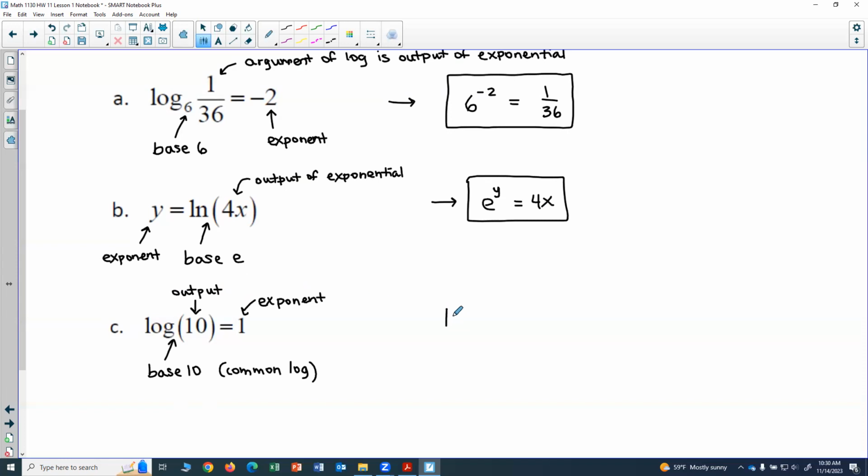So I'm going to have a base of 10, an exponent of 1, and an output of 10. So that would be the exponential equivalent of log of 10 equals 1: 10 to the 1 equals 10.